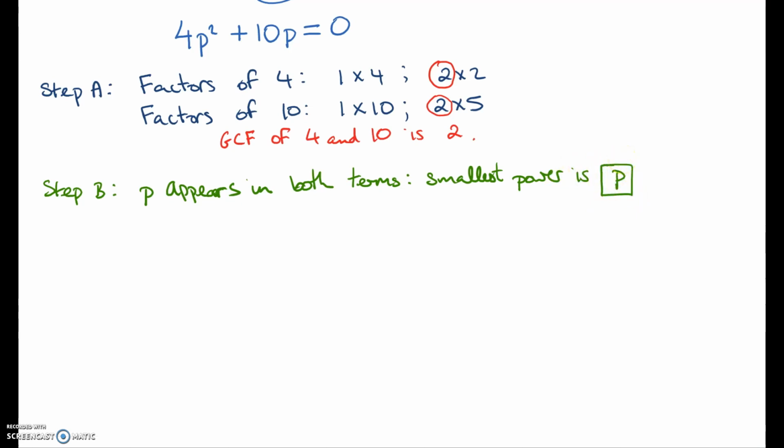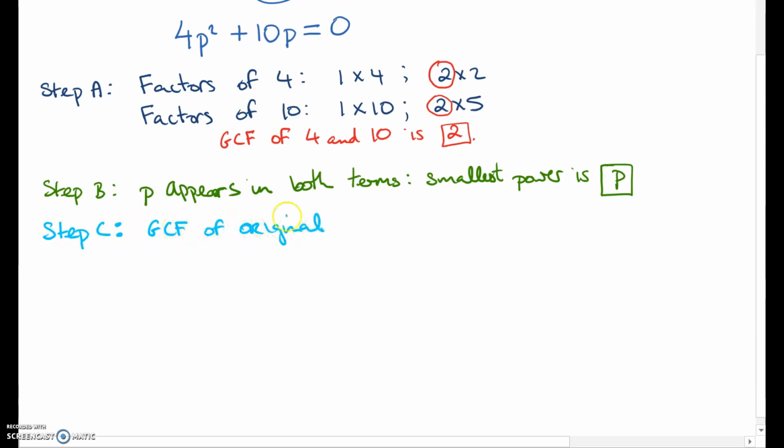So our answer to the first piece was 2. Our answer to the second piece is p. In step C, we put those two pieces together, and that gives us the GCF of the original expression, or at least the expression after we moved everything to the left-hand side. So it's 2p.